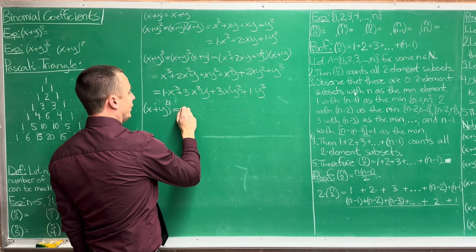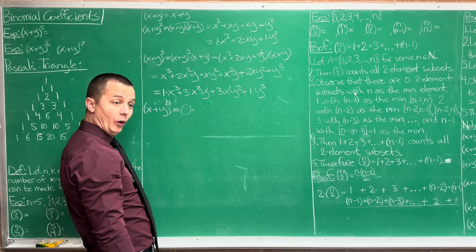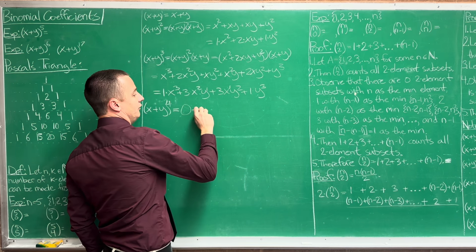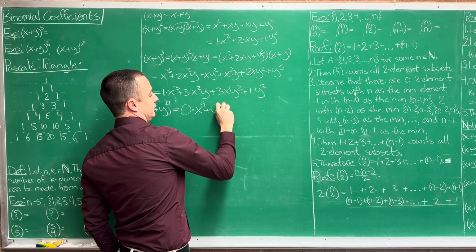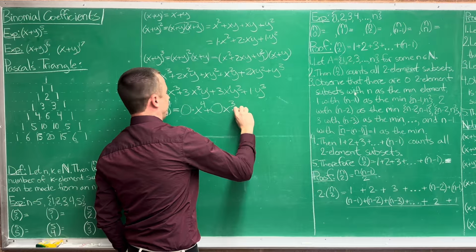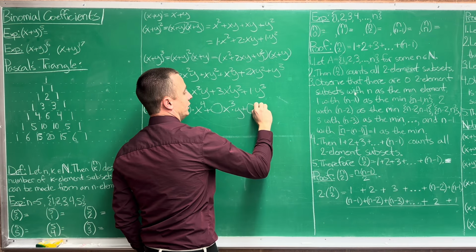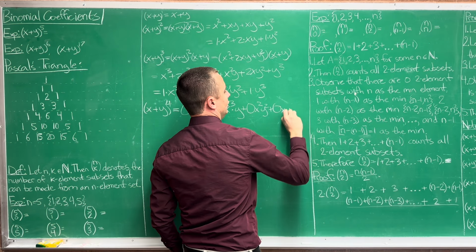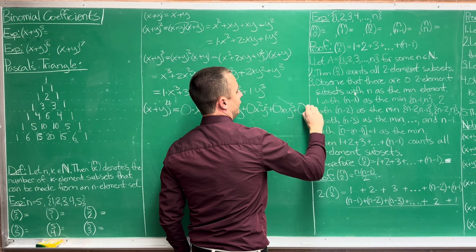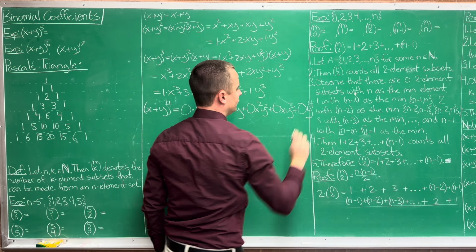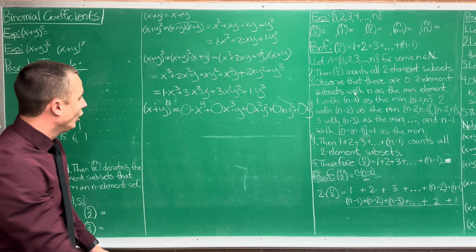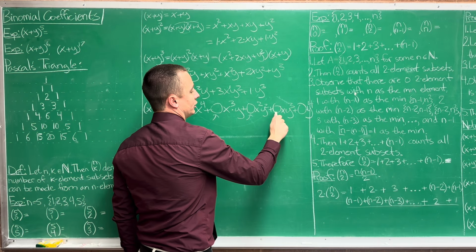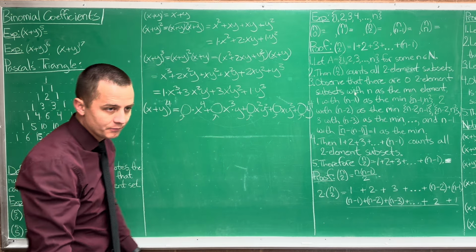And so I would end up with some number of x to the 4ths plus some number of x cubed y plus some number of x squared y squared plus some number of xy cubed plus some number of y to the 4th, right? And so the whole trick in solving these problems, multiplying these out, is trying to figure out what these coefficients are going to be.